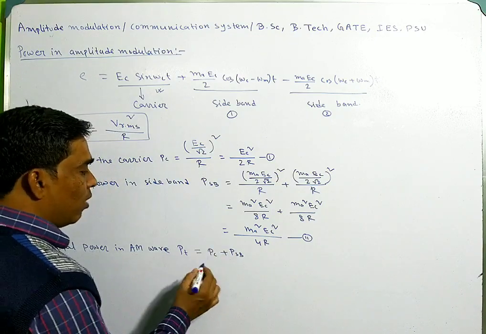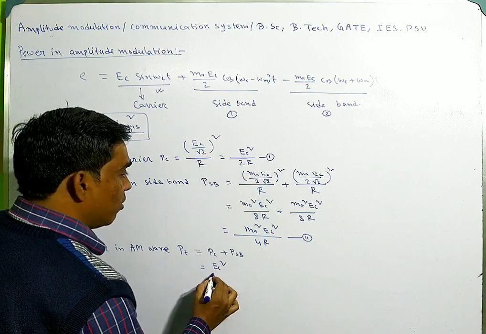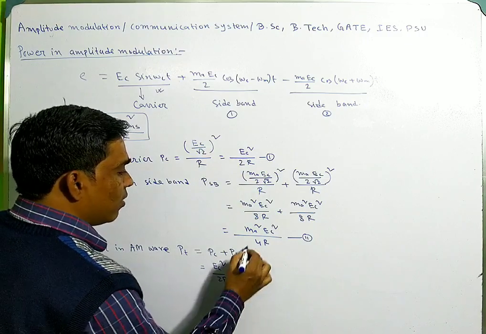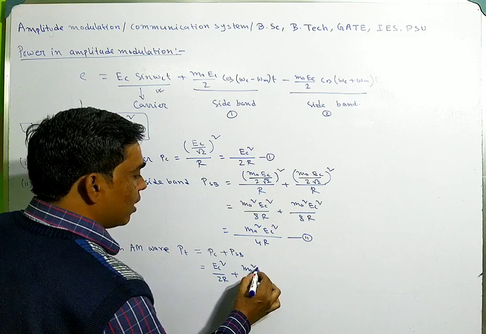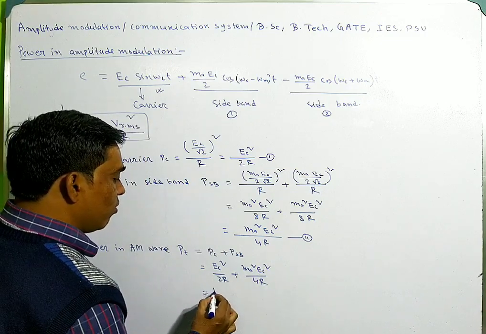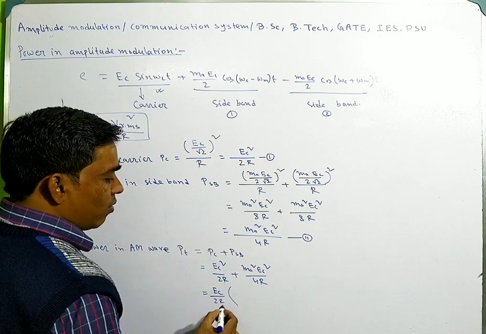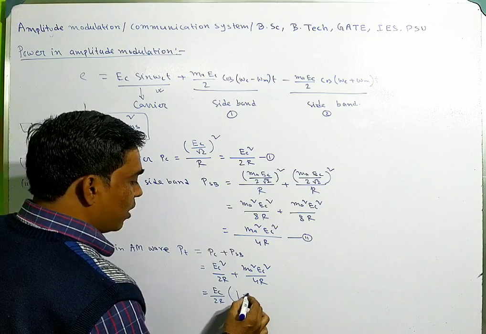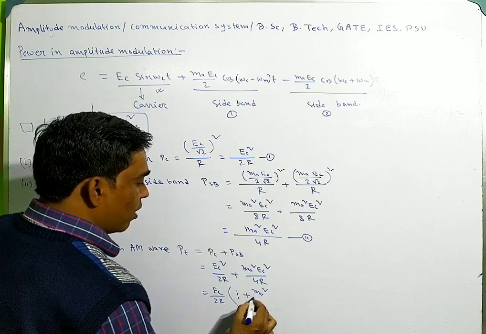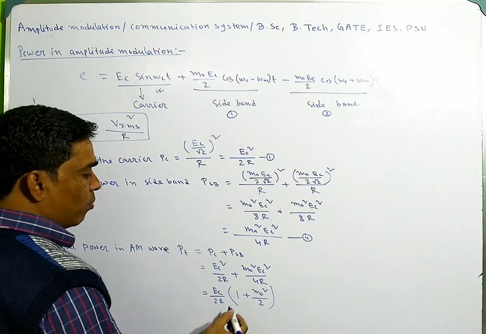If I put in these values, it will be Ec squared divided by 2R plus Ma squared Ec squared divided by 4R. Taking Ec squared divided by 2R as common, it will be 1 plus Ma squared by 2, which can be written as Pc.